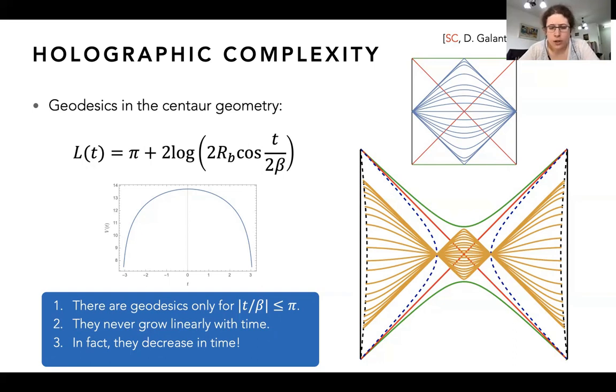And the interpretation can be either that the complexity proposals have to be changed for this case, or that the theory is not chaotic, or both. But just to emphasize how different it is in these theories. So this would be a step in the direction of characterizing, for example, the 2-point functions of the theory on the boundary, or the complexity if you are a fan of the complexity interpretation.